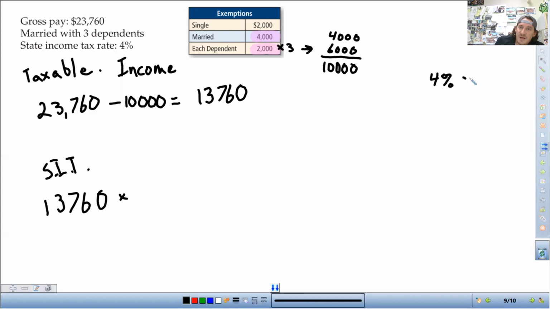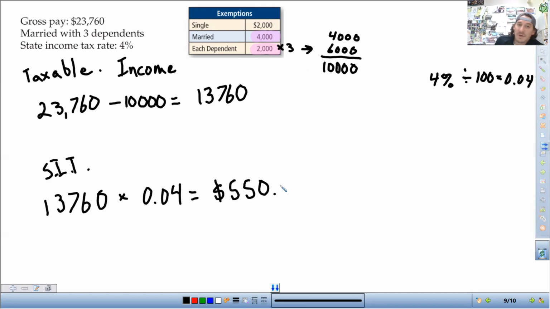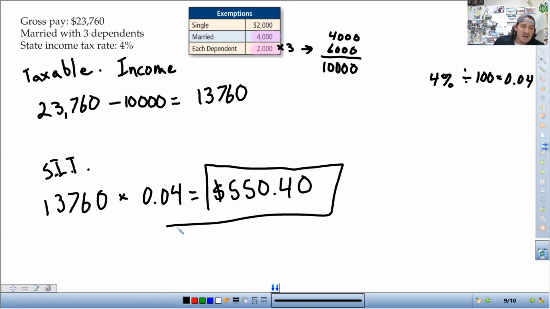So 4% divided by 100, to convert it to a decimal, is 0.04. So 13,760 times 0.04 comes out to $550.50. Excuse me, 40 cents. So that is how you calculate state income tax.